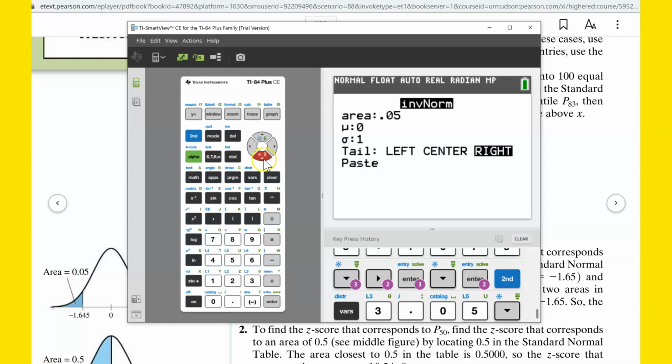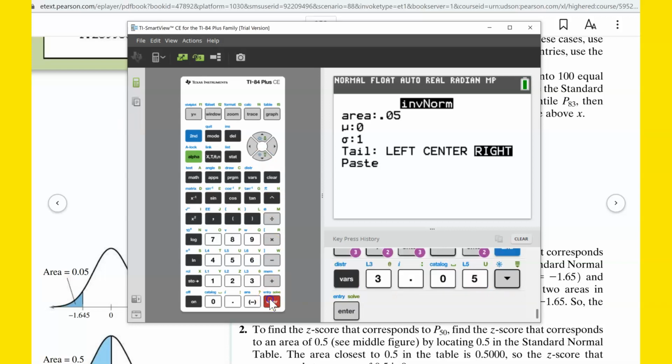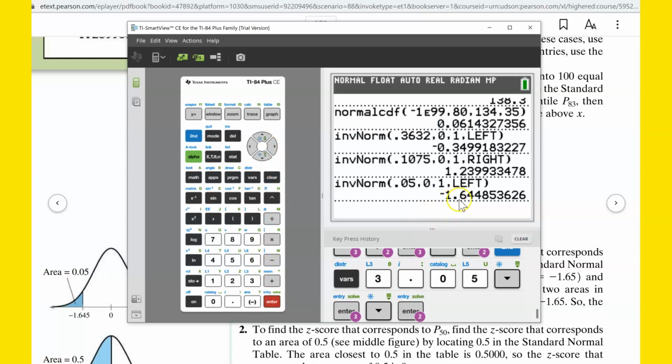The mean, since we're talking about a z-score, is 0. The standard deviation is still 1. We're talking about 5% of the data being to the left of that value. So we're doing a left tail. And we calculate our answer. So a z-score of negative 1.6449 is what we're looking for.